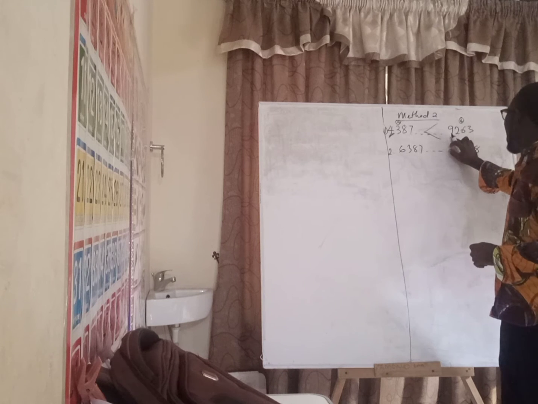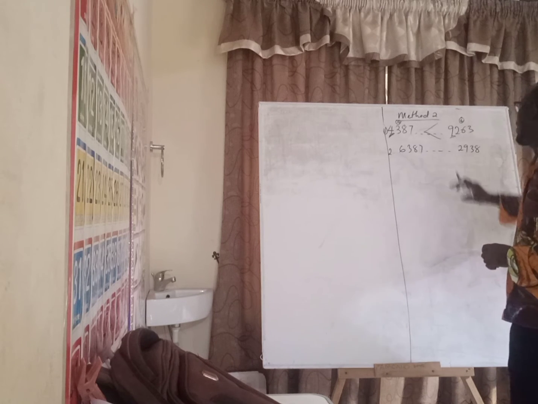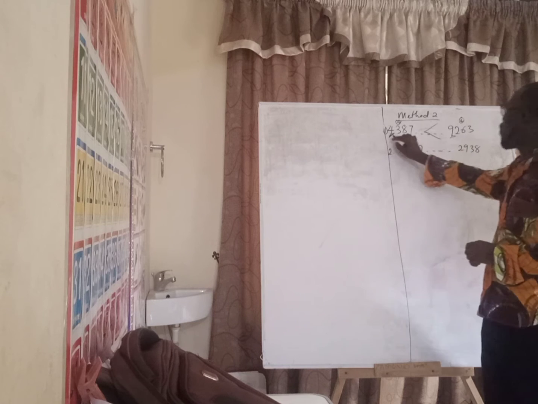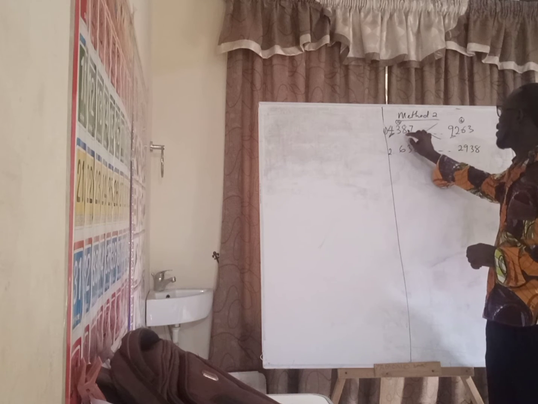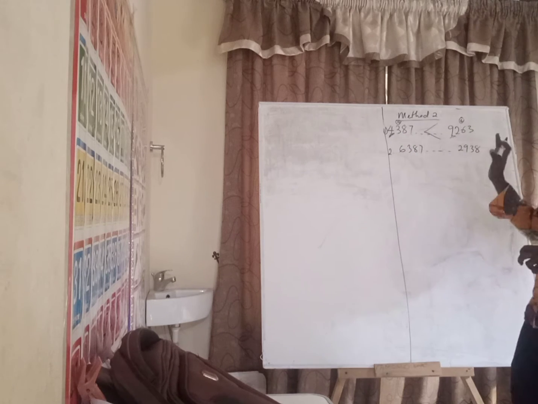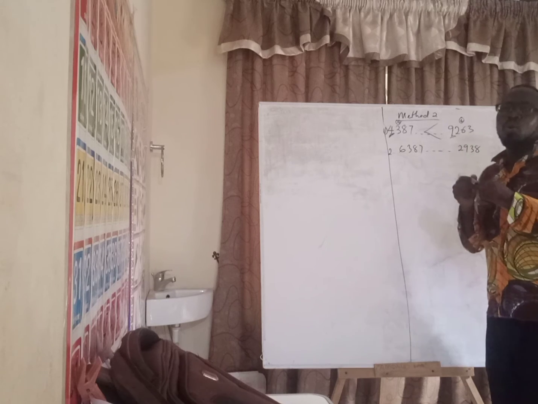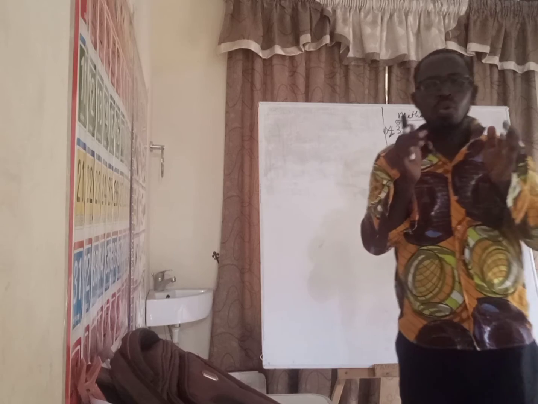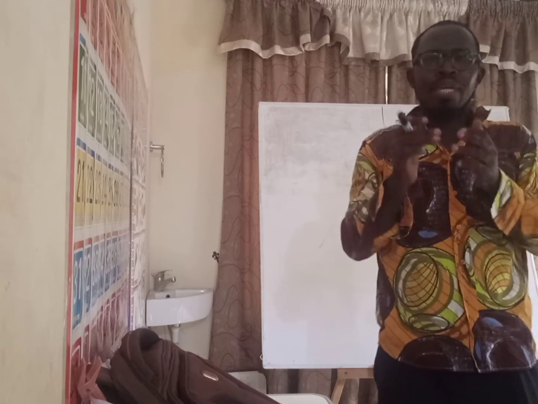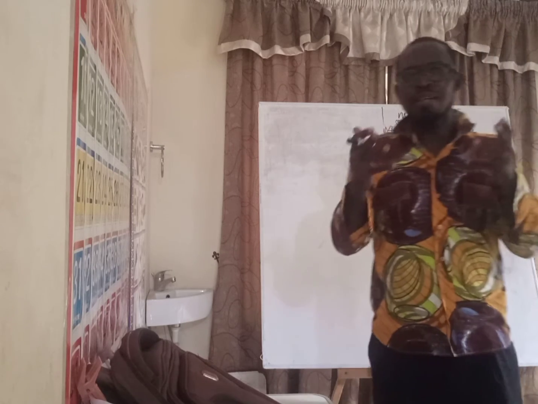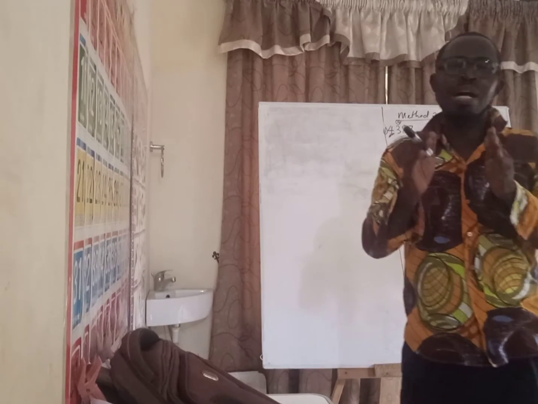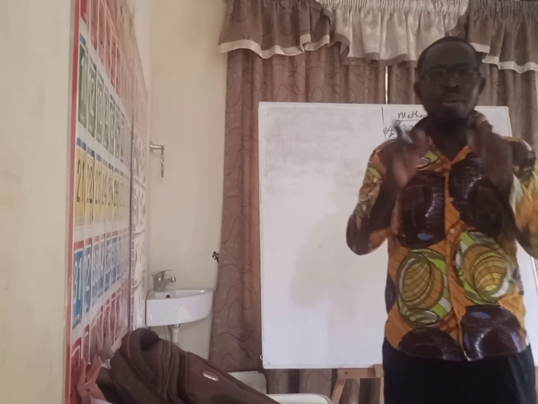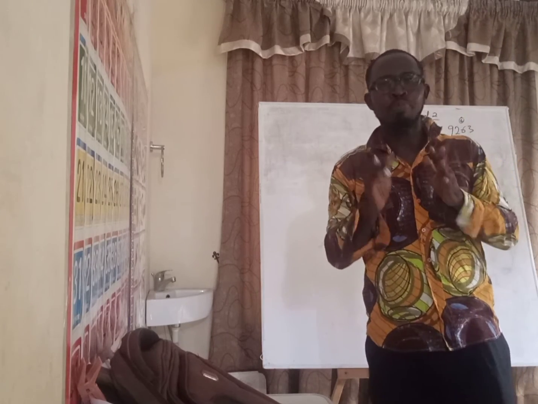So 9,263 is more than 4,387. This is the second method. You need not to really struggle or make your brain suffer. We are making math very, very easy and simple.